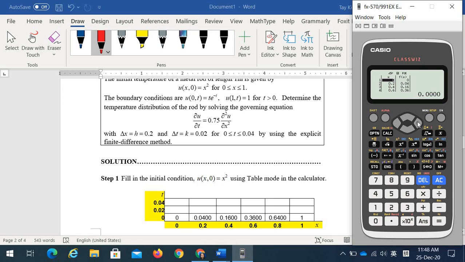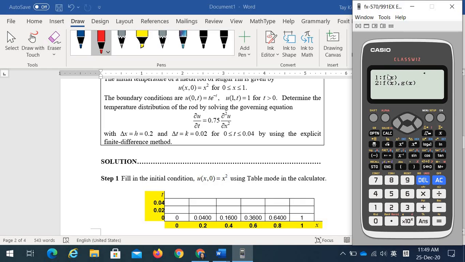So you can easily tabulate the initial values using the table menu. We got 0, 0.04, 0.16, 0.36, 0.64, 1. Because we have a consistent increment, I use the table menu rather than calculating one by one. You can also calculate in the table menu in this mode. Actually, you can tabulate two functions.